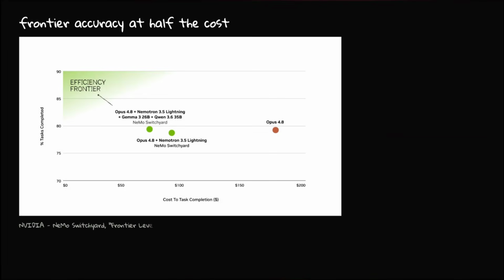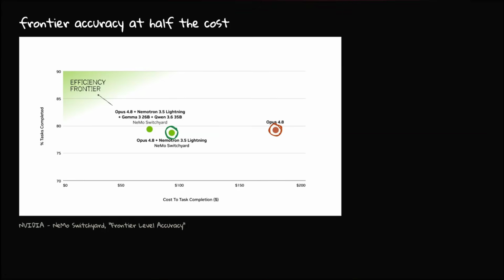Okay, before showing you the demo, here's one idea where you can combine Switchyard with a frontier model and a workhorse model to substantially reduce the cost without sacrifice of intelligence. So if you look at Opus 4.8 for this specific data set, it gets about 80% of the tasks completed, but almost at $180.